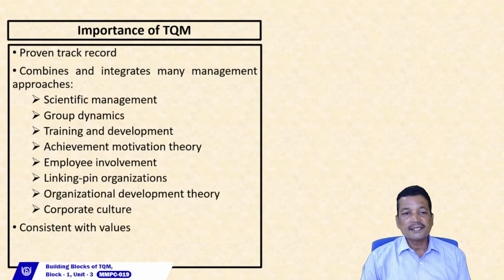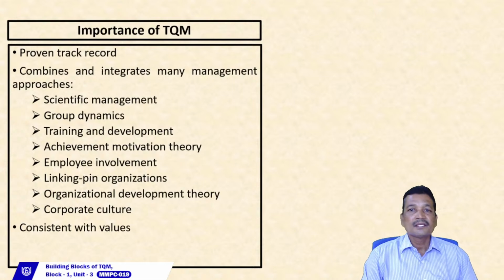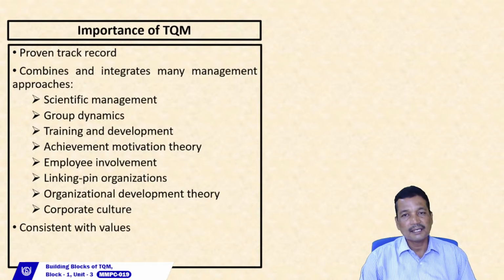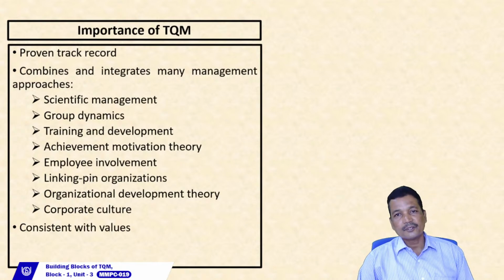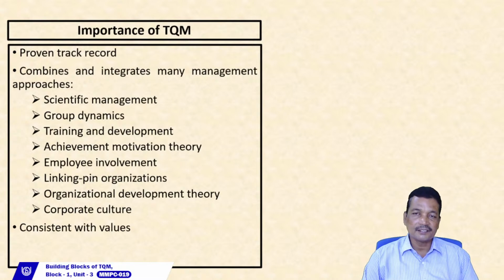Next is linking pin organization. What do you mean by that? Now, in many organizations, we find quality groups are formed across various functional areas or various divisions. It may so happen that for a particular quality group, a certain person is the leading person or the manager, or you can say the leader.